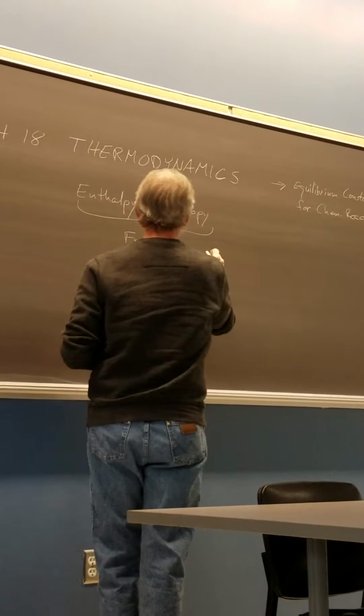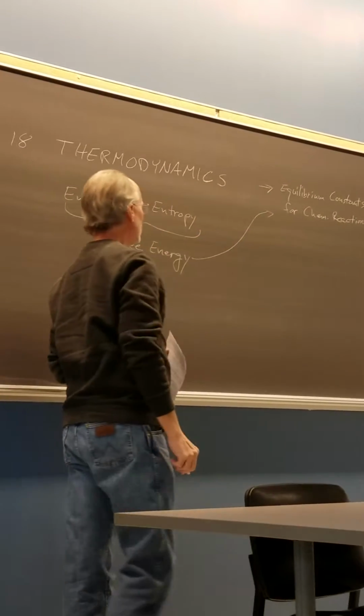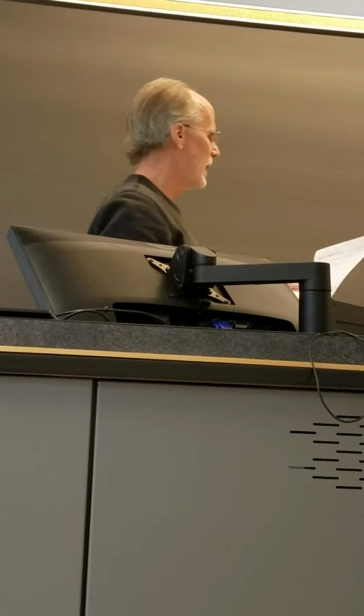I'll be getting to that sometime on Wednesday, and then connecting that to the equilibrium constants on Friday. So this is all of the basics. If you ever wonder why a reaction occurs or doesn't occur, or why it might be mostly products or mostly reactants, it's all based on thermodynamics.